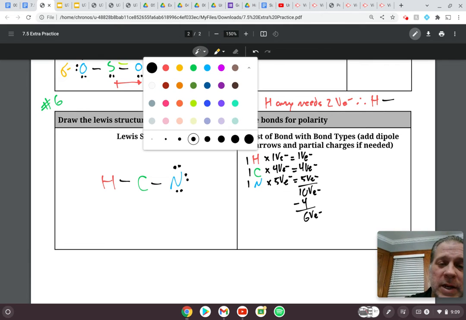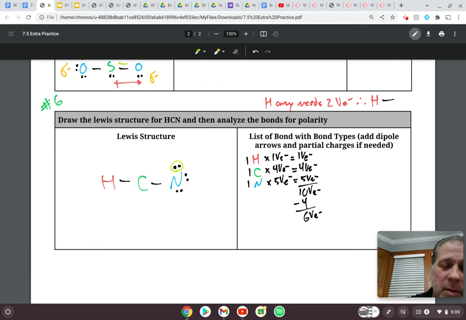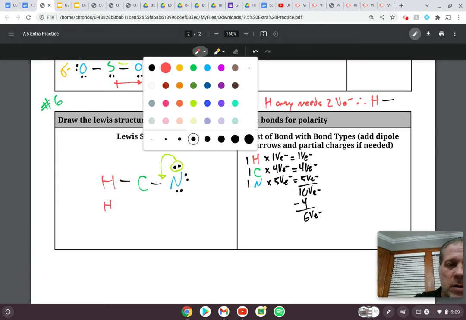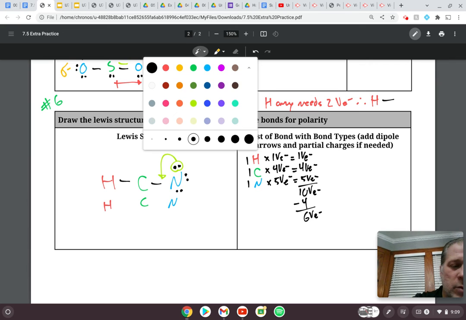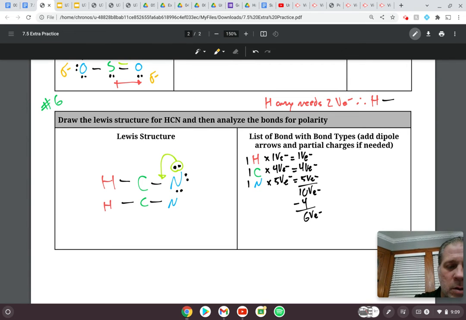So that tells me that we need to have a multiple bond. So I'm going to grab a pair of electrons and create a multiple bond here. So that would look something like this. And we'd be left with that.